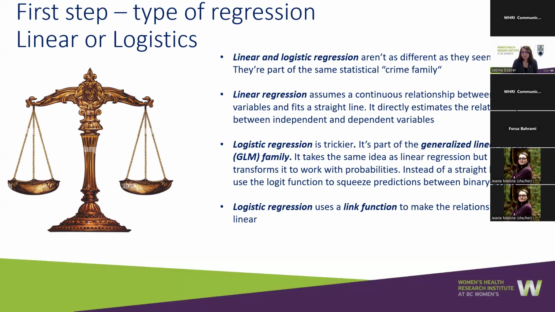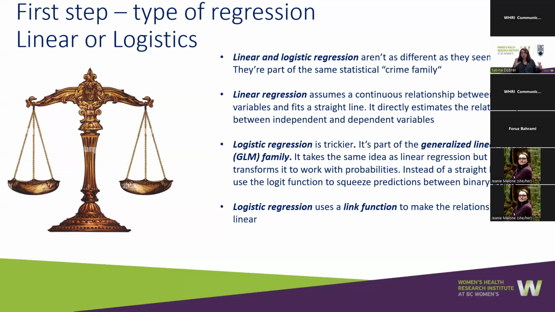However, logistic regression is a bit more complicated. It's still part of the generalized linear model, GLM family. What it means is that after a specific transformation of your regression, you're kind of still comparing to linear regression.